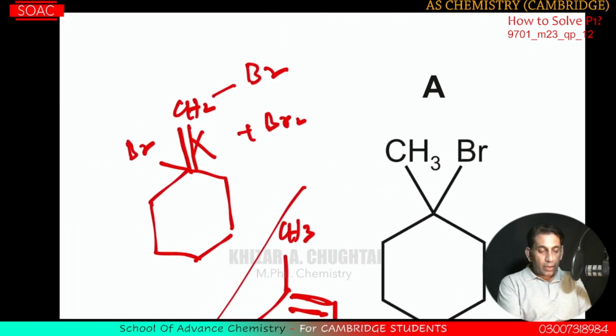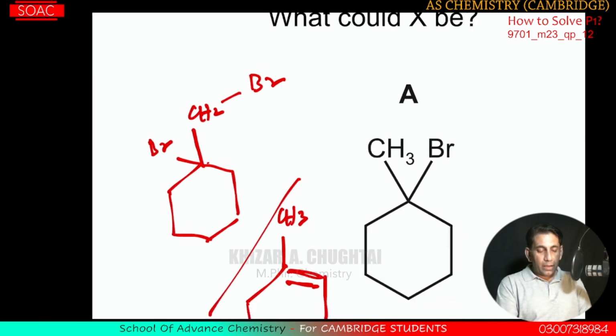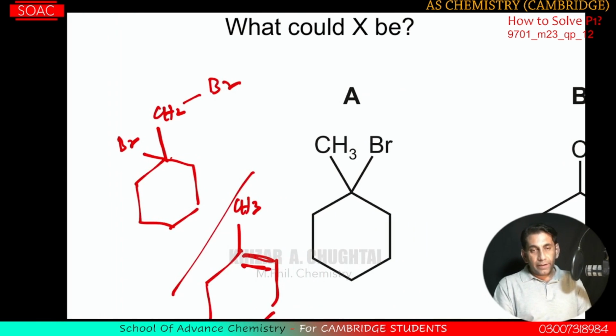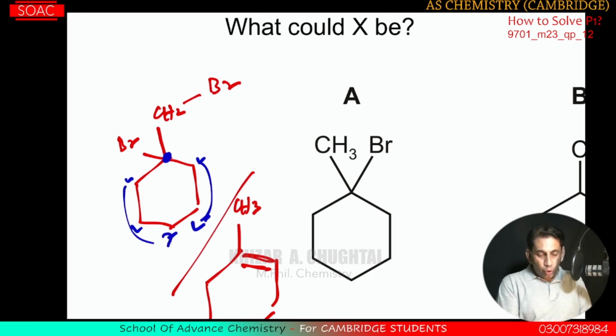Let's see how many possible chiral centers there are. There is no chiral center. This carbon is not chiral because the cyclic group is similar on anticlockwise and clockwise sides. So there is no chiral center.